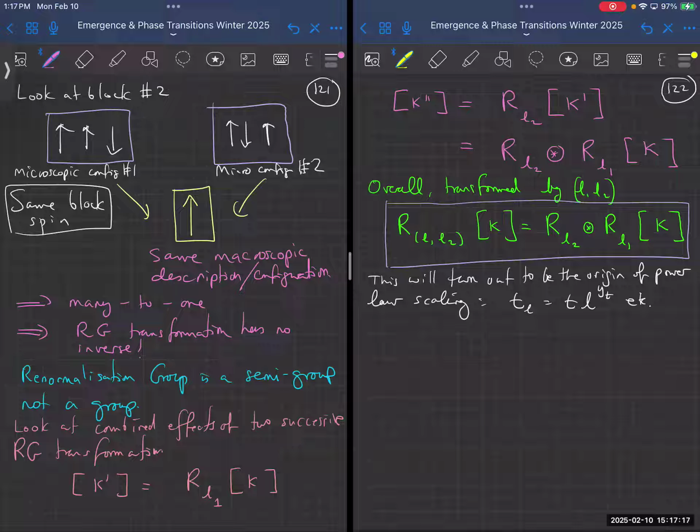Yes, because it's the same transformation, but just with a different scale factor. So I guess if we're thinking about postgrading these things, then we could do that. Yeah, I guess try to work it out, it shouldn't matter.